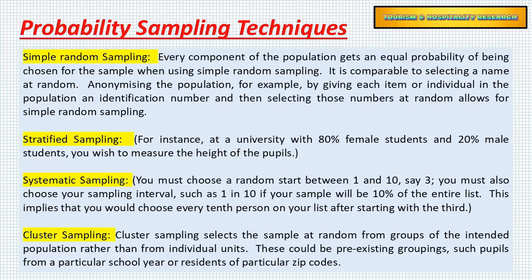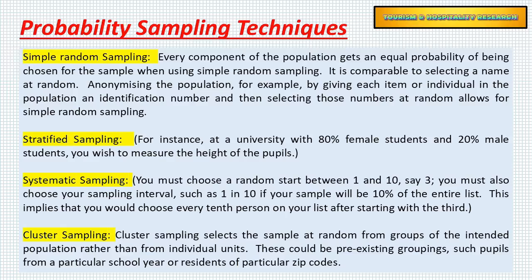Second one is stratified sampling. For instance, at a university with 80% female students and 20% male students, you wish to measure the height of these students. So how are you going to collect the samples? In this case, you will divide the student population into strata.